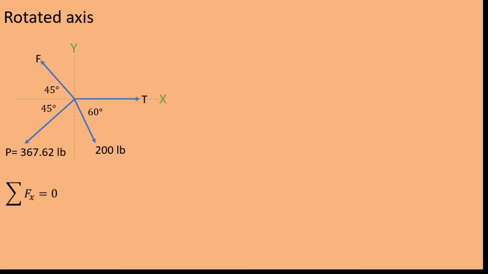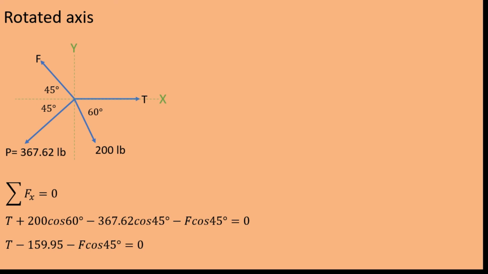Then to solve that, we have the summation forces X should be 0. So ano ba yung mga forces natin dyan na merong X? So lahat, including T, tsaka yung lahat ng tensions, lahat yan may X components. So we have T, going right ay positive, plus 200 cosine 60 degrees, minus the going left, which is 367.62 cosine 45 degrees, minus F cosine 45 degrees.